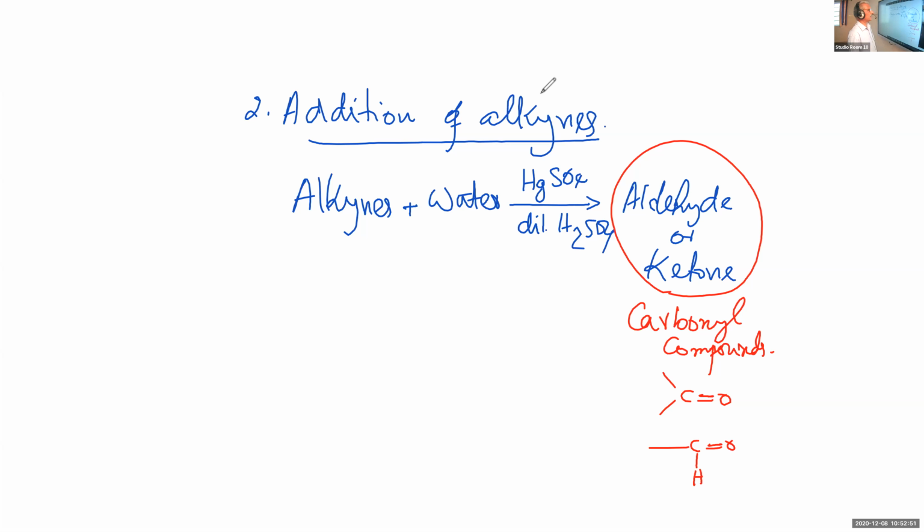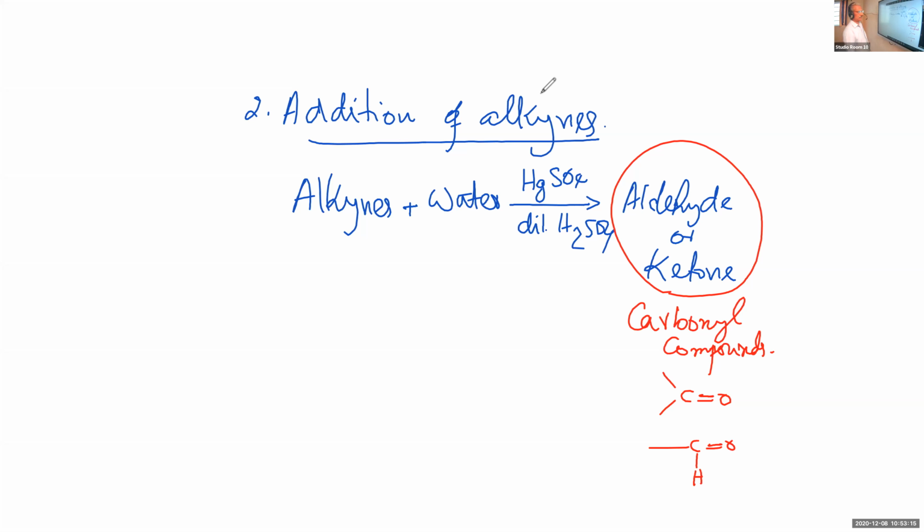And so aldehydes and ketones are generally known as carbonyl compounds. So when alkynes react with water in presence of mercuric sulfate in dilute sulfuric acid medium, there is addition of water and aldehyde or ketone will be formed.